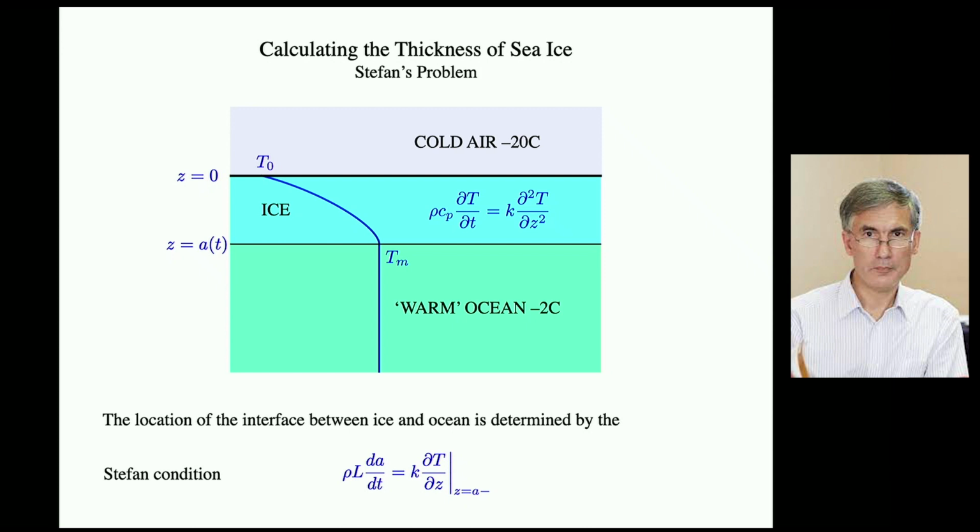It's a conduction of heat through the ice, and we'll just treat it as a solid block of ice and imagine that the ocean is all at its freezing temperature, Tm. And we want to solve this equation subject to boundary conditions. So something I will do from time to time is to at least count boundary conditions, see if we've got enough boundary conditions for the equation that we're trying to solve.